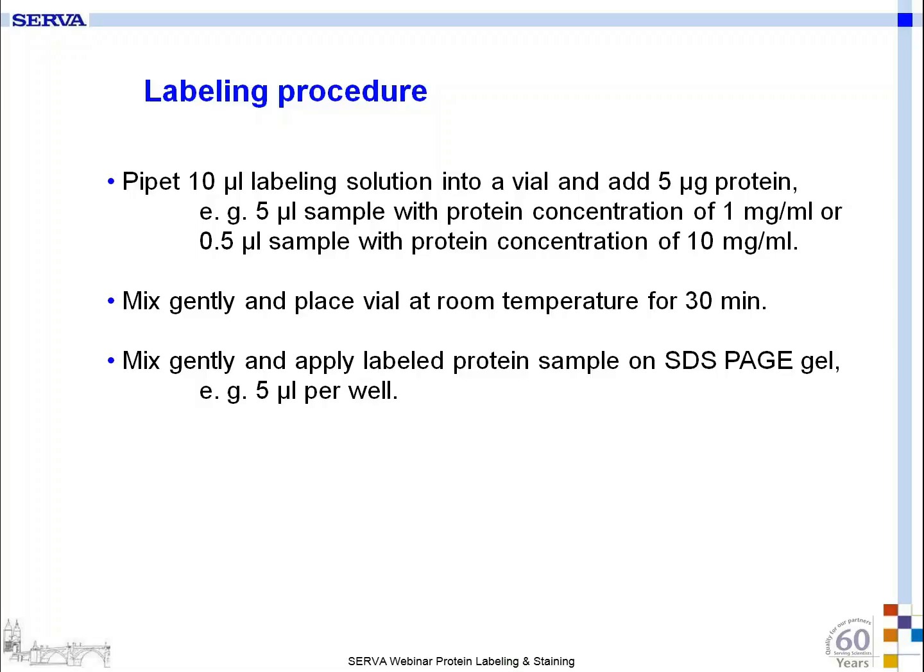It is not the worst thing to put it in the dark, or in dark sample tubes or whatever. You mix gently and then apply the labeled protein sample on your SDS page gel. For example, in our example above, 5 microliters per well.